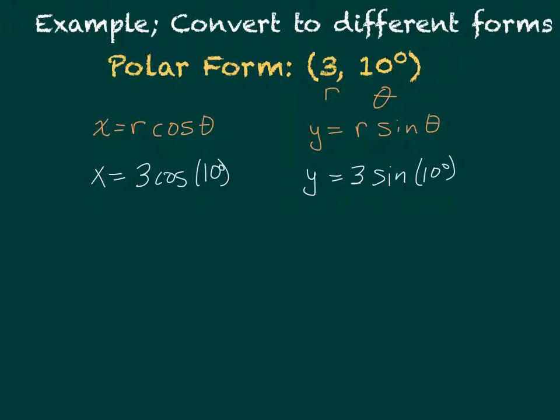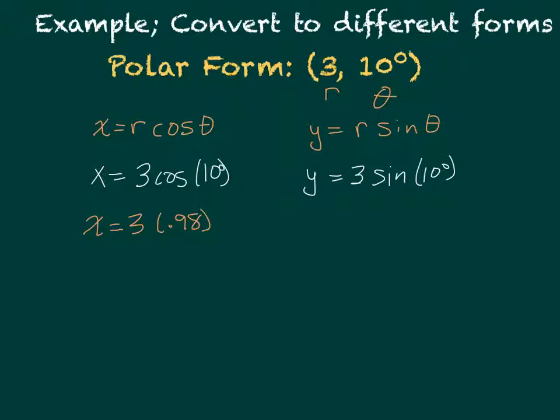If you remember, in many cases this is going to be a decimal answer, so that's probably what we're going to get here. So we're looking at x equals 3 times cosine of 10. If you type cosine of 10 degrees into the calculator, you're going to get roughly 0.98.